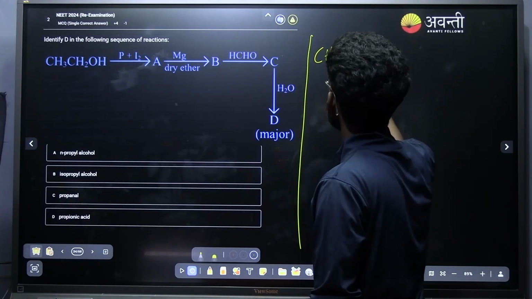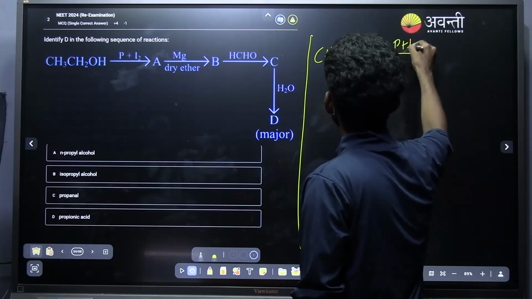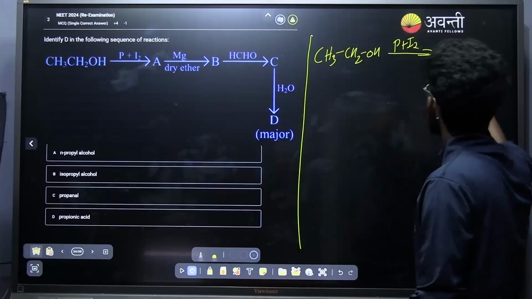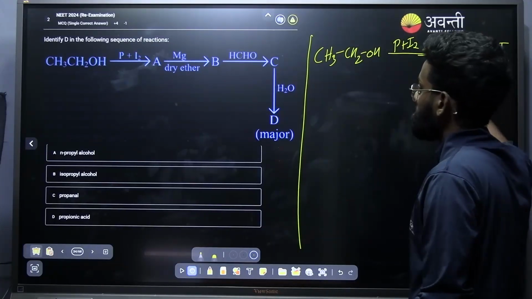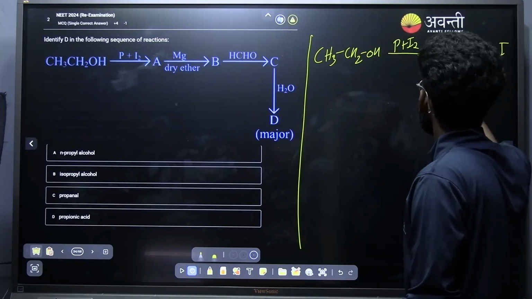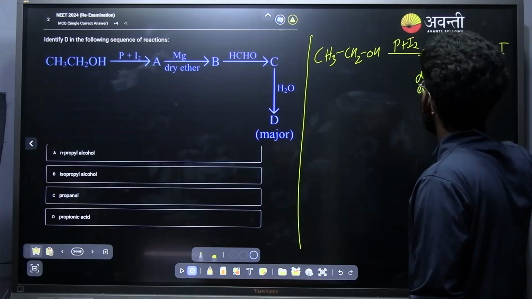CH3CH2OH gives CH3CH2I, and then on treating with magnesium in presence of dry ether.